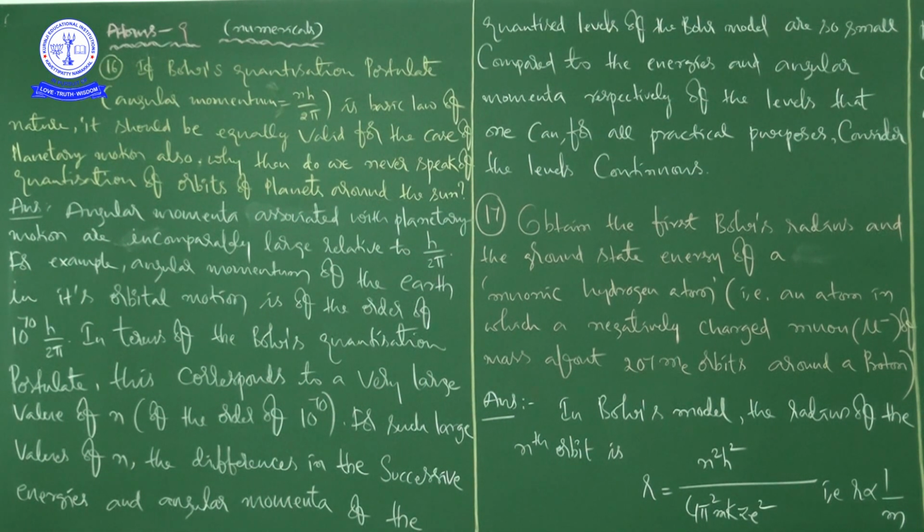For example, the angular momentum of the earth in its orbital motion is of the order of 10 to the power of 70 h by 2 pi. What is angular momentum? It is the product of mass, linear velocity and radius; three things will come.